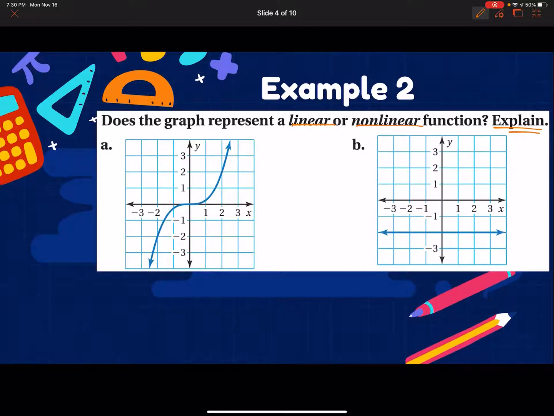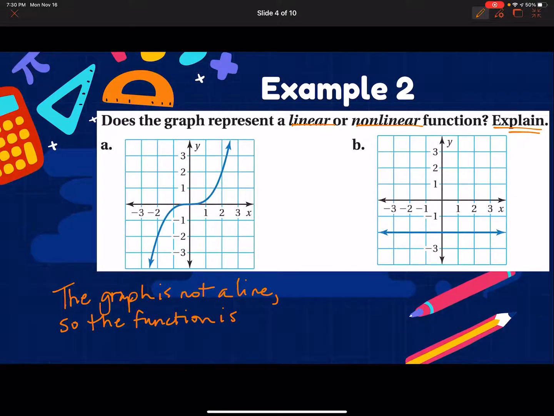So looking at example A, we can see this graph is not a line, so the function would be non-linear. And that's all we have to explain. The graph is not a line, so the function is non-linear.